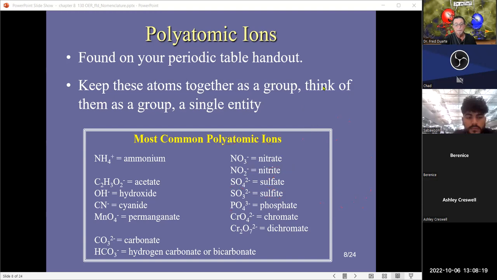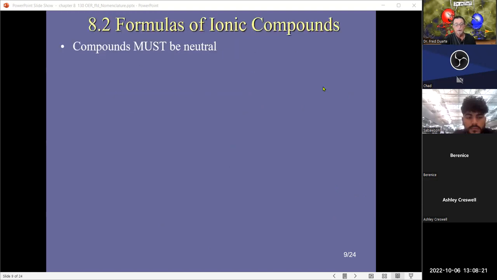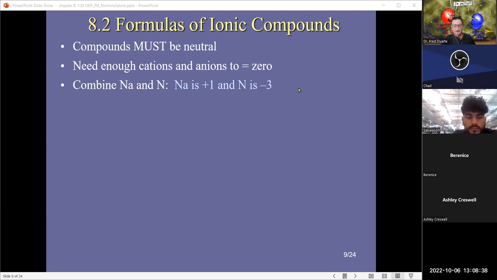We talked about these. All right, so here, formulas for ionic compounds. Now the point here is that when we put them together, we have to put enough cations and anions together such that the overall molecule ends up with a 0, okay? So you gotta have enough positives and enough negatives.